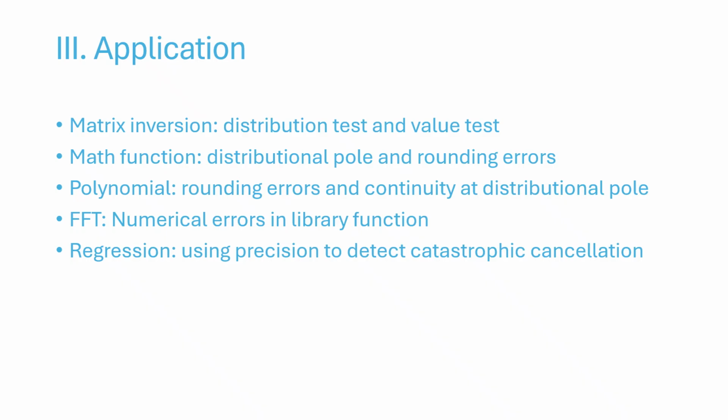And using polynomial, we'll study in greater detail the rounding errors and the distribution poles. We will use FFT to study the numerical error in library function and its great effect on the final result. Finally, we will use regression to show that we can use precision to detect catastrophic cancellation.